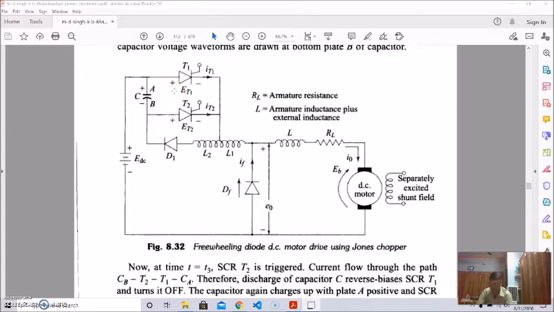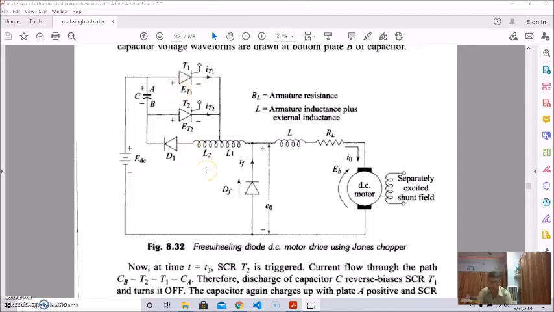The cycle then repeats with SCR T1 triggered again, and the use of the auto transformer ensures that whenever current is delivered from the DC source to the load, voltage is induced in L2.